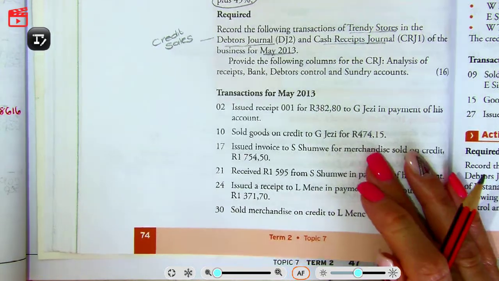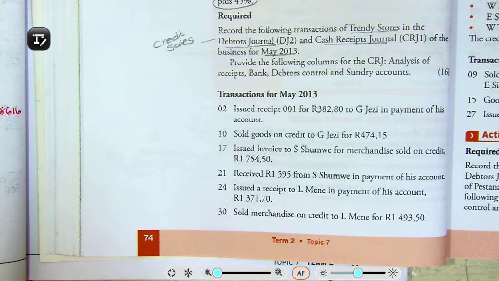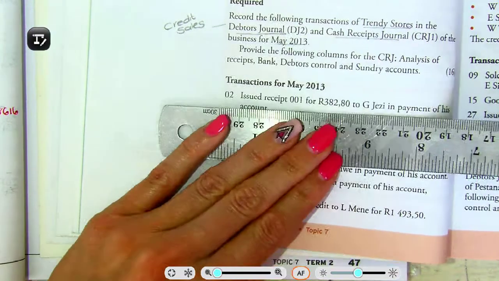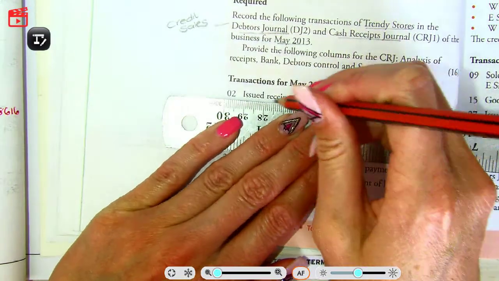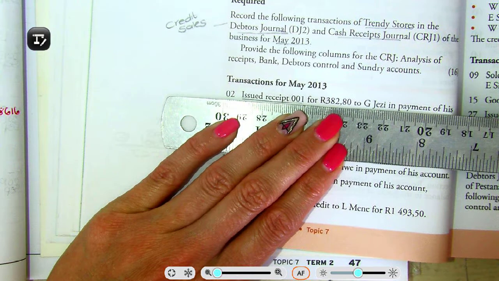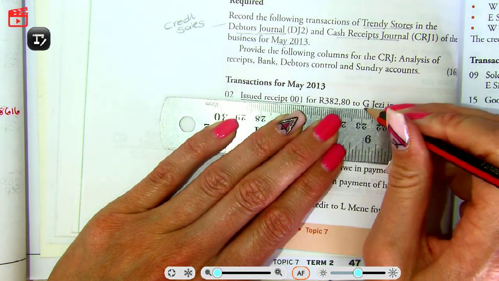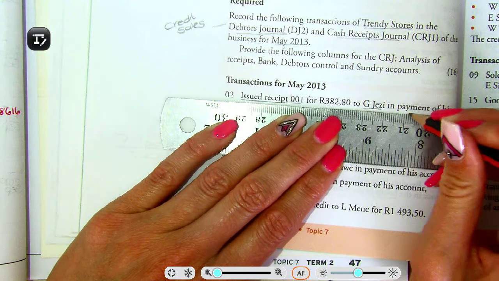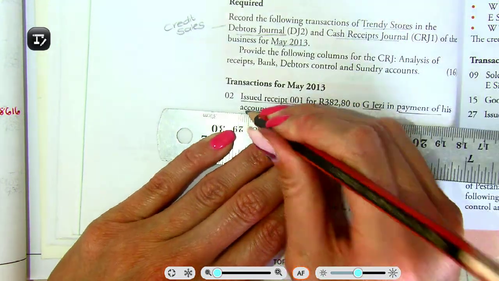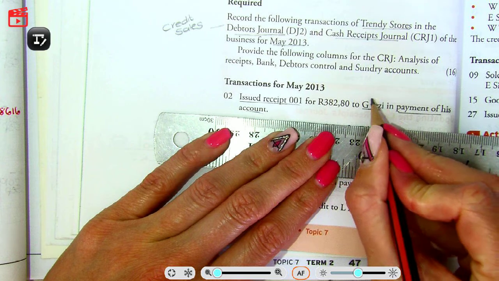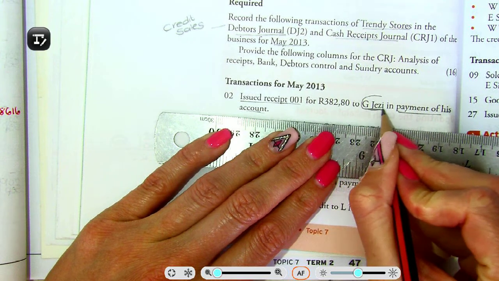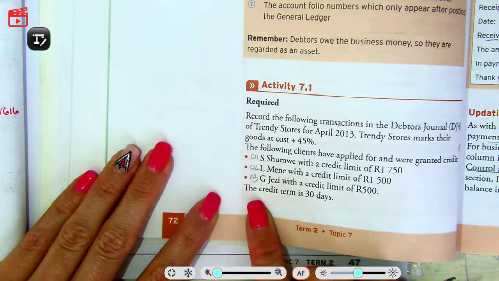This is saying issued receipt 001. So this is my clue. Issued receipt 001 for 382 Rand and 82 cents to G. Jersey in payment of his account. So we received money from G. Jersey, and we know from my previous activity 7.1 that G. Jersey is a debtor.